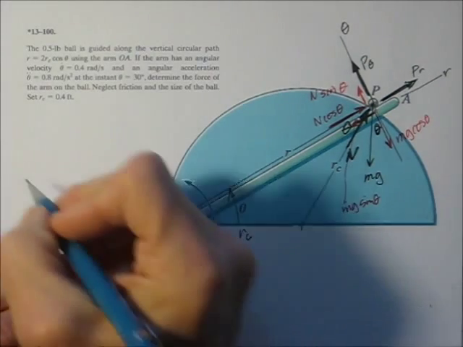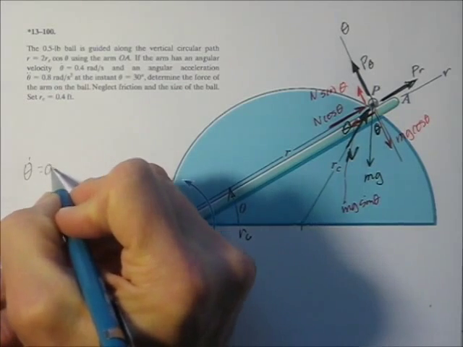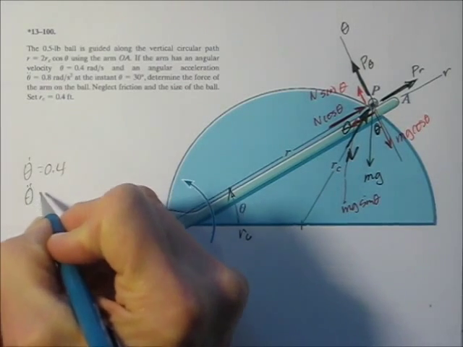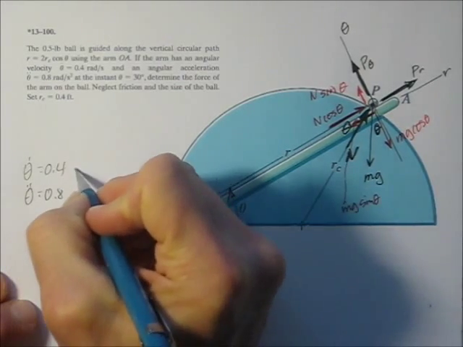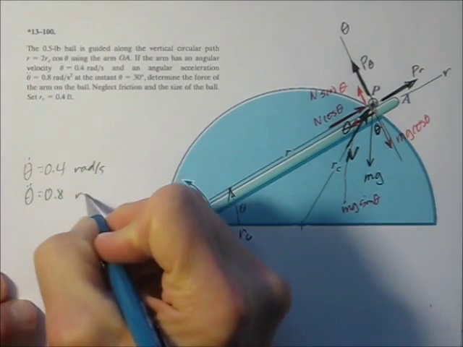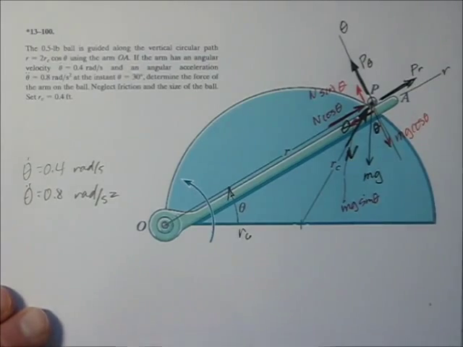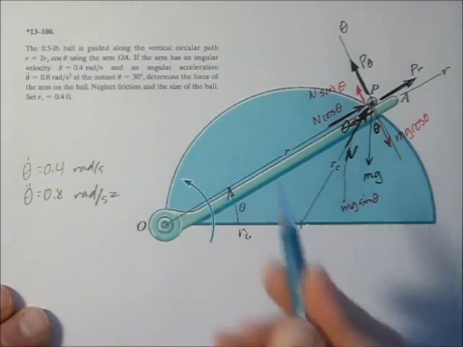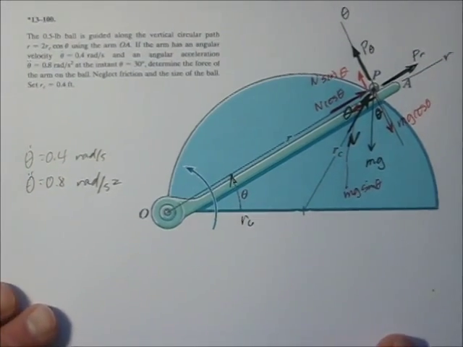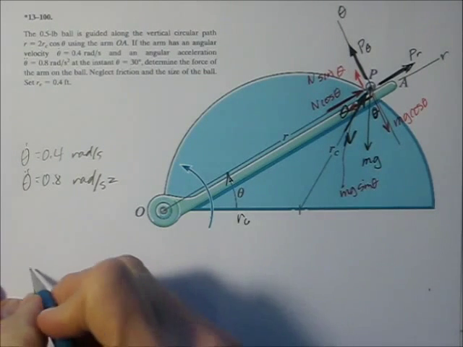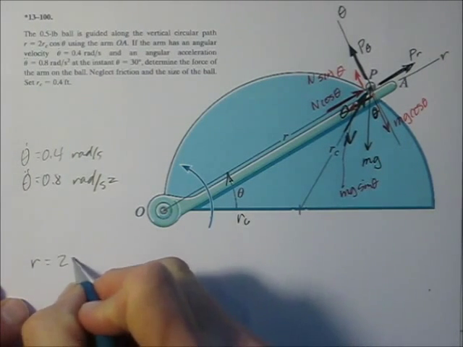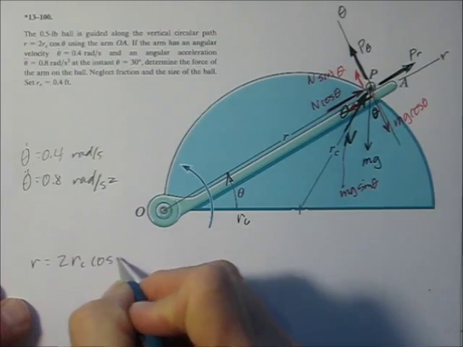Theta dot is equal to 0.4. Theta double dot is equal to 0.8. And this is in radians per second, radians per second squared. r is given as a function of theta, so we're going to have to do a little chain rule derivative here. So I'm going to say r is equal to 2RC cosine of theta.